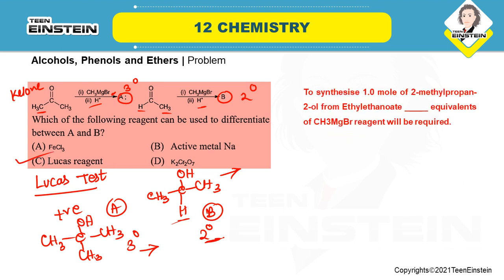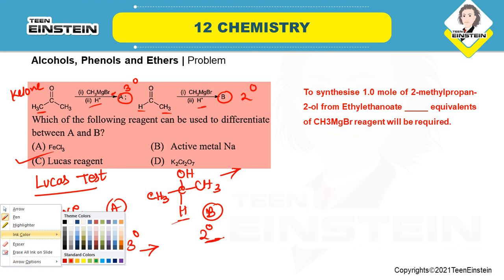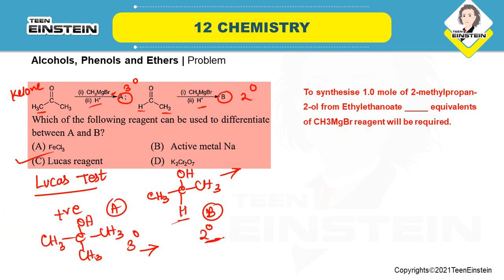Second question: to synthesize 1 mole of 2-methyl propan-2-ol. Try to write the structure. Propan, that means it must contain 3 carbons, and at the 2 position there is an OH group as well as a methyl group.